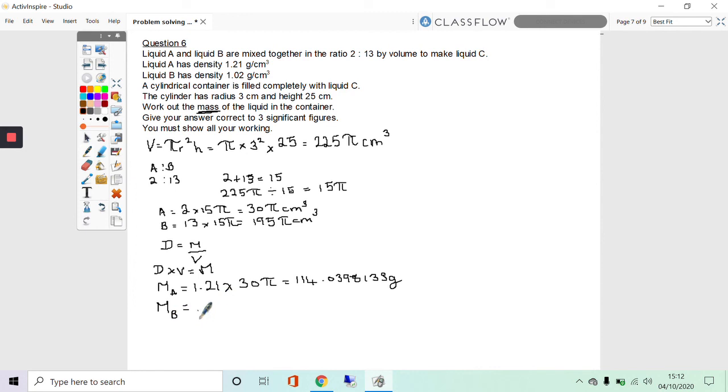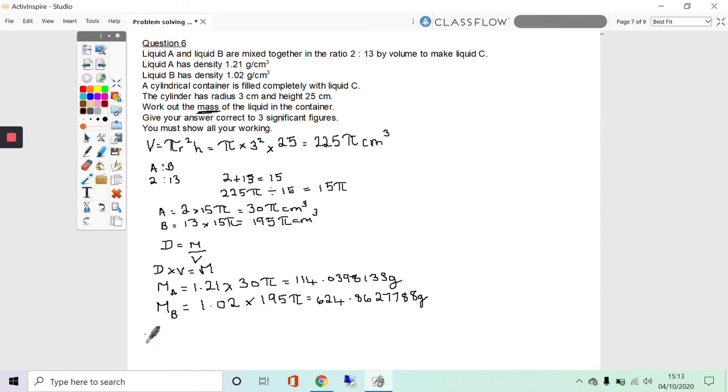And then the mass of liquid B is going to be the density of 1.02 grams per centimetre cubed multiplied by the volume, which is 195 pi centimetres cubed, and that will give us 624.8627788 grams.